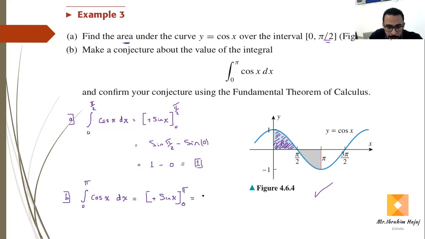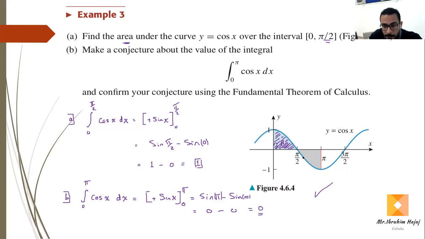So your answer now is sine pi minus sine 0. Sine pi equals 0, and sine 0 is 0. So the area here is 0. So from 0 to pi is 0.